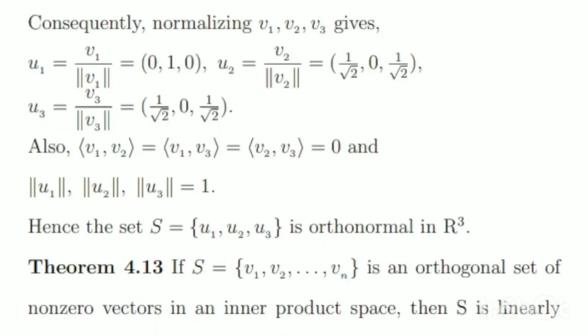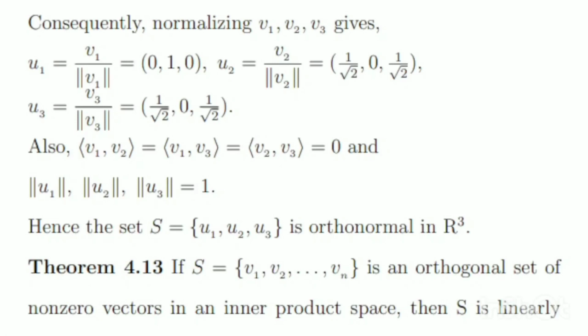The Euclidean norm of the above vectors: norm of v1 is square root of inner product ⟨v1, v1⟩, that is equal to 1. Norm of v2 is root 2 and norm of v3 is root 2.